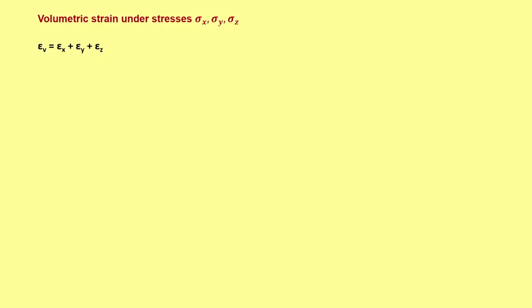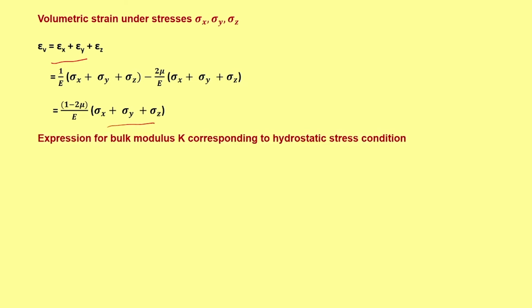So, the volumetric strain under stresses sigma x, sigma y, sigma z, this we have already seen, and if you expand, you can write it as 1 minus 2 mu by E into sigma x plus sigma y plus sigma z. Now, for the expression for bulk modulus, there are two more parameters. Sometimes it is expressed in terms of K and G, in some cases it is represented in terms of E and mu.